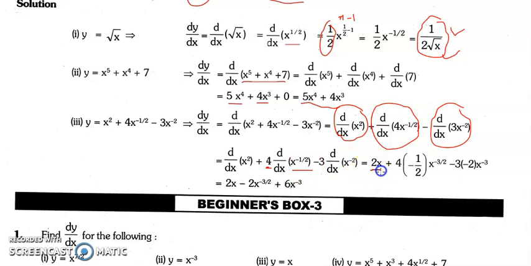Plus 4 is already there, minus half would come forward, x raised to the power minus 3 by 2, and minus 3 by 2 comes out to be like this, minus 1 by 2 minus 1. I hope you are getting my point, n minus 1. And in the same way this minus 3 comes out because it will be n minus 1, so minus 2 minus 1 will be minus 3. So this will be your final answer, that is 2x minus 2x raised to the power minus 3 by 2 plus 6x raised to the power minus 3.